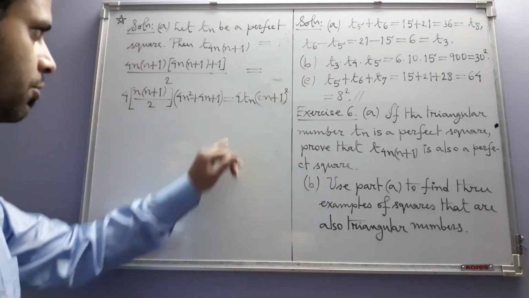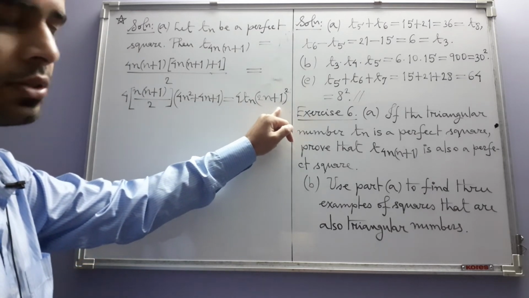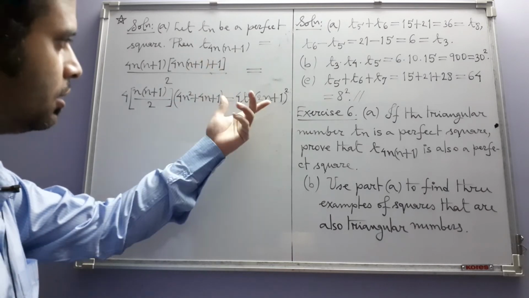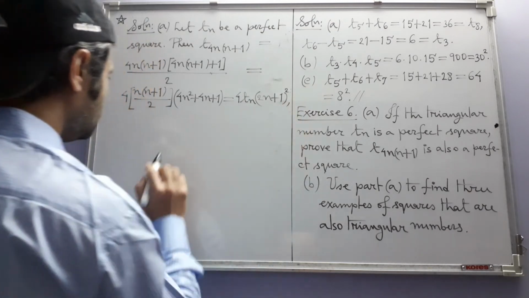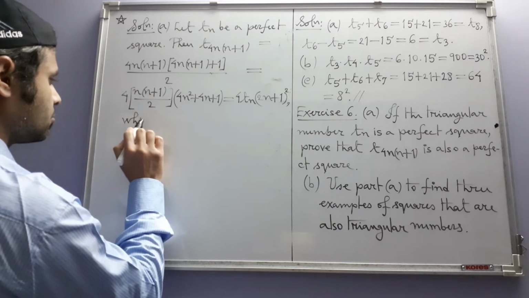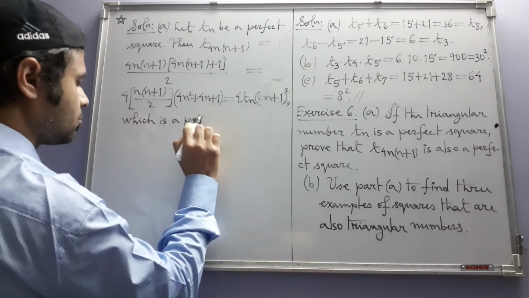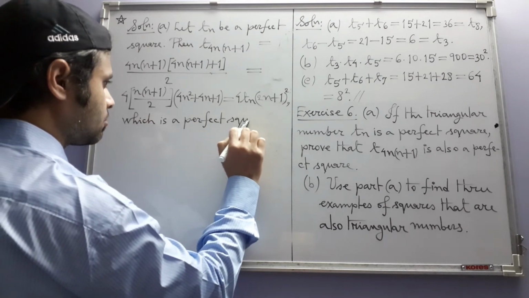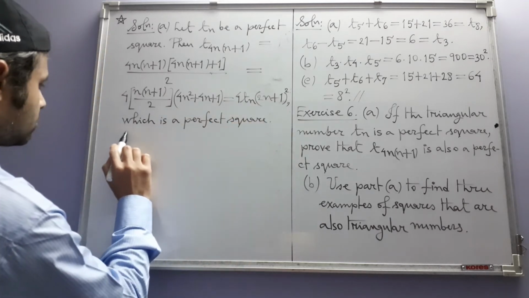So 4 is a square, 2 square, and this is, we can see it's a square, and Tn according to our assumption is a perfect square. So this itself is a perfect square. So this is part A.